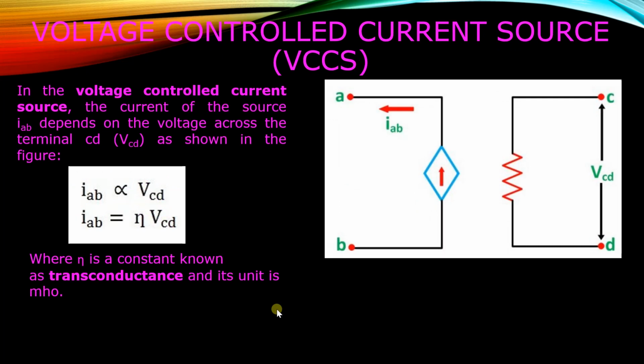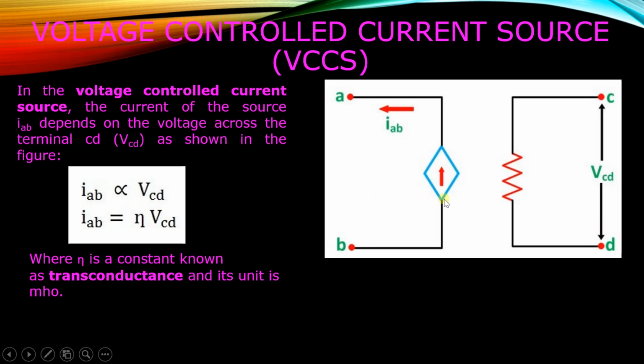Then the second is the voltage controlled current source, meaning the current source is dependent on a voltage. Here the diamond shape is our current source, and this current is controlled by the voltage between C and D. In the voltage controlled current source, the current of the source IAB depends on the voltage across the terminals C and D as shown in the figure.